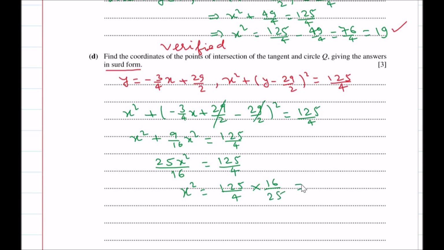That gives us 20. Okay, so x equal to plus minus root under 20, that is x equal to plus minus, sorry, 2 root 5.